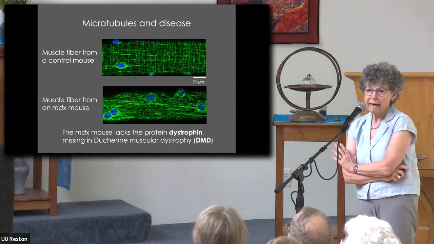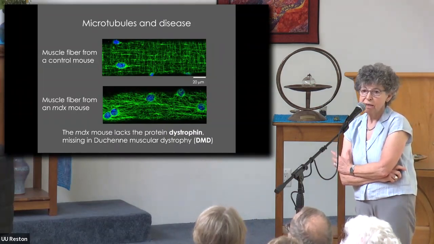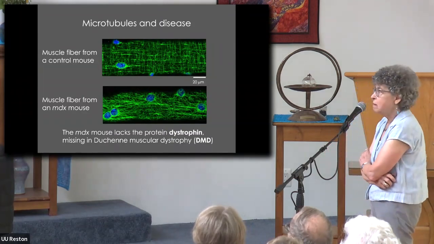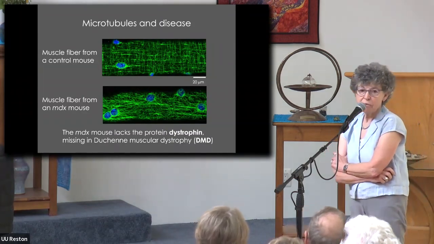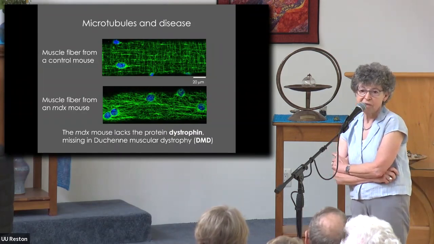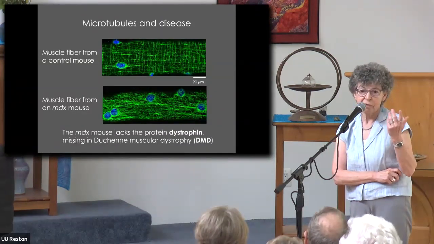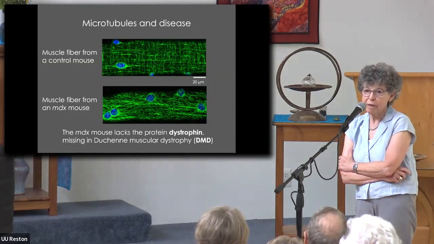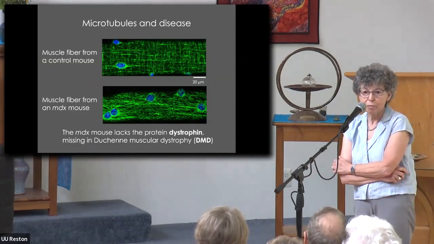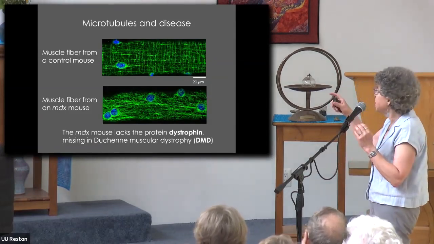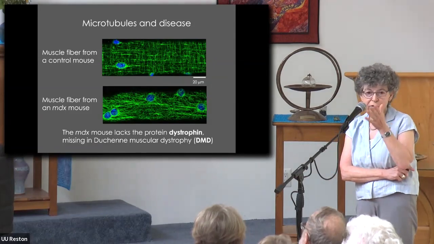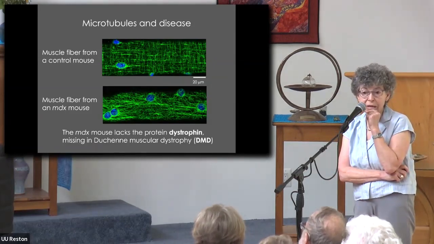So it lacks the gene that is responsible also for that disease. And what you can see is that, again, as we have seen, for example, in the image of a muscle that was regenerating, the microtubules are not completely normal. They're elongated, they go in all directions, they do not form the regular grid.